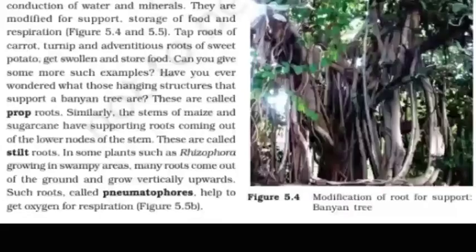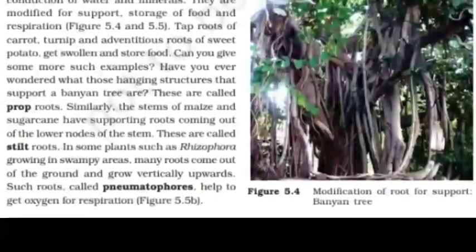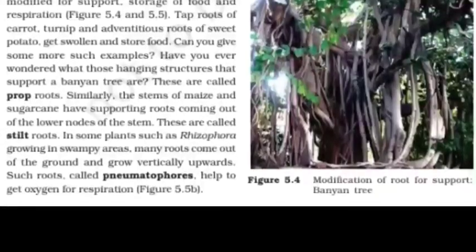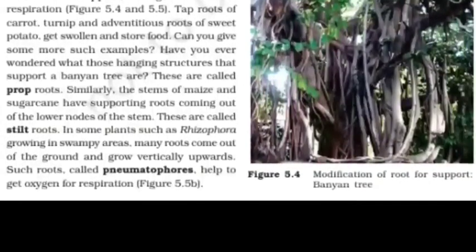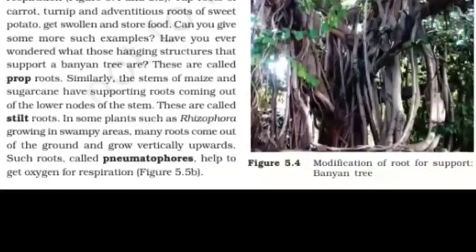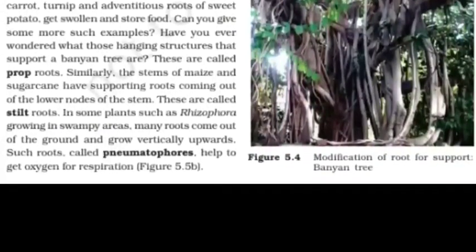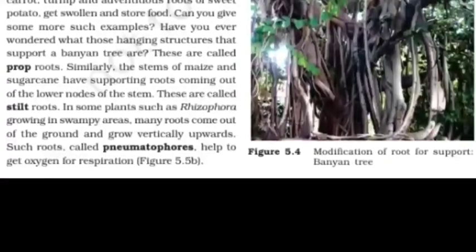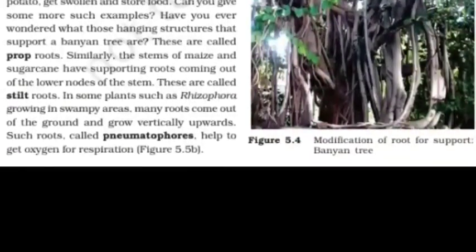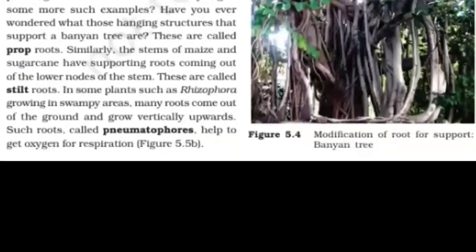These are called stilt roots. In some plants such as Rhizophora growing in swampy areas, many roots come out of the ground and grow vertically upward. Such roots, called pneumatophores, help to get oxygen for respiration.